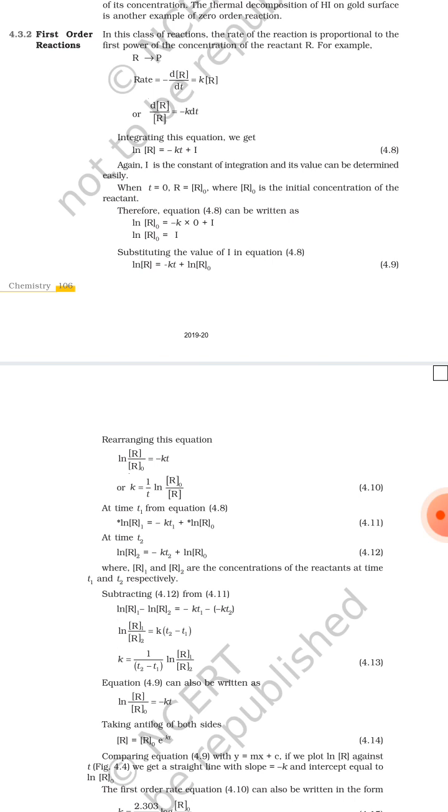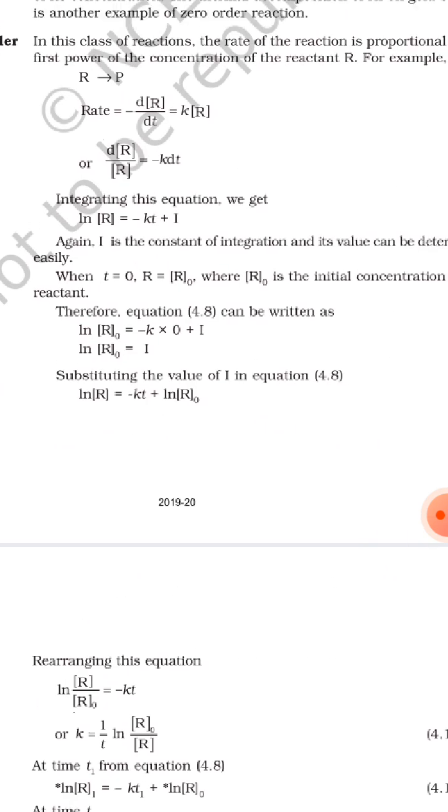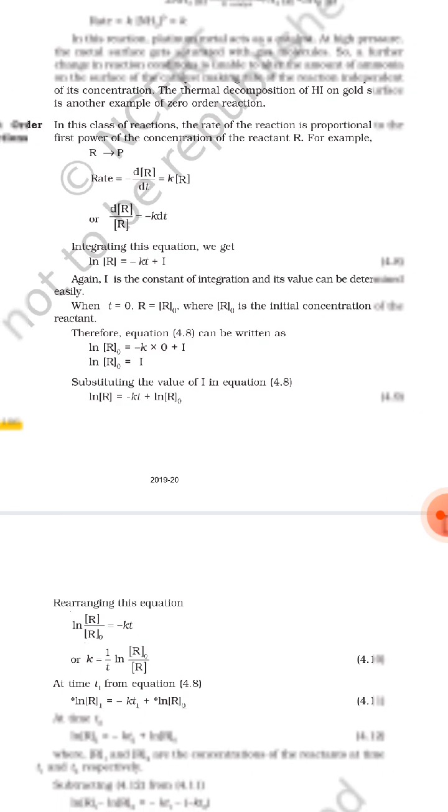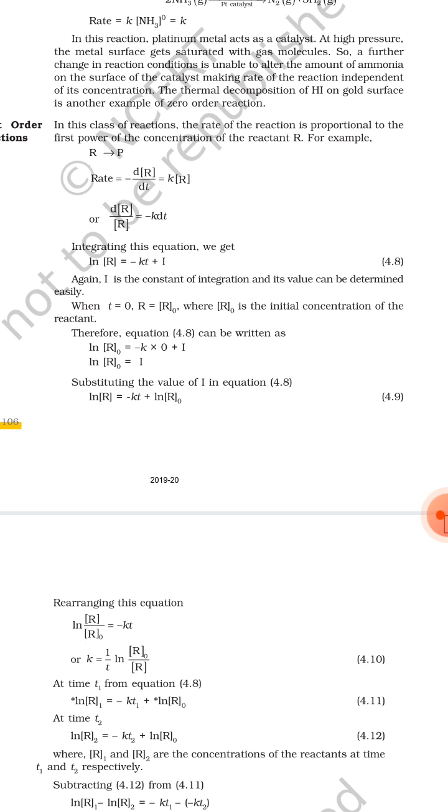First order reaction. In a first order reaction, the rate of the reaction is proportional to the first power of the concentration of the reactant R. For example, now what is the rate of the first order reaction? तो रिएक्शन का रेट प्रोपोर्शनल रहता है रिएक्टेंट का कॉन्सेंट्रेशन का फर्स्ट पावर से.